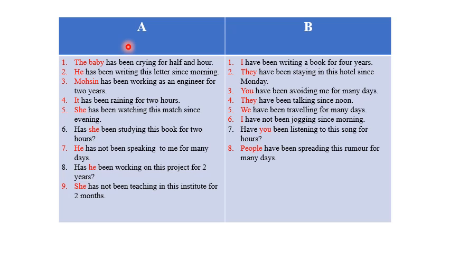In column A, all the subjects are singular. So we see that we have used has. We have already discussed that a singular subject always takes has. Then this question of been. Why is it there?